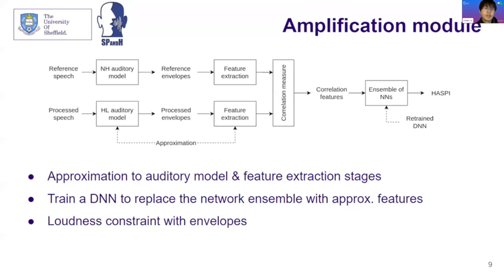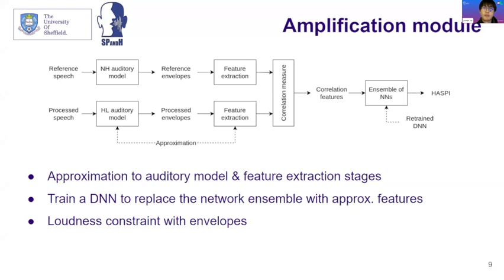So in order to use Husky as the optimization objective, some approximations are done in the auditory model and feature extraction stage, such as replacing the recursive IIR filters with some FIR interpretations so that the computation can be done in parallel.